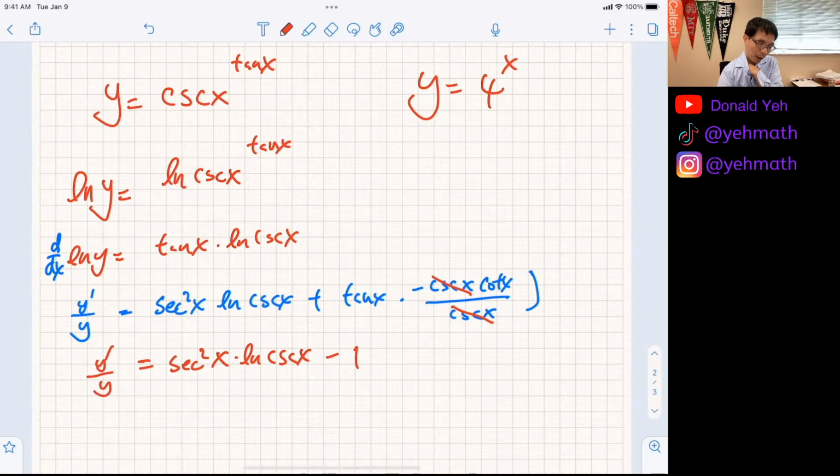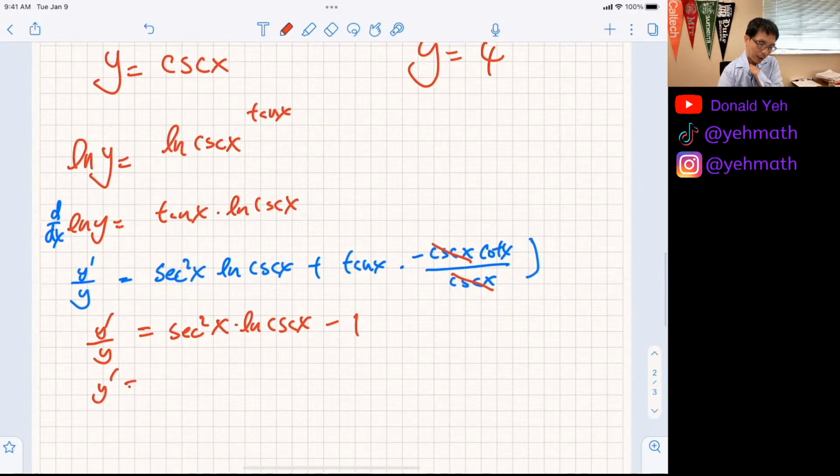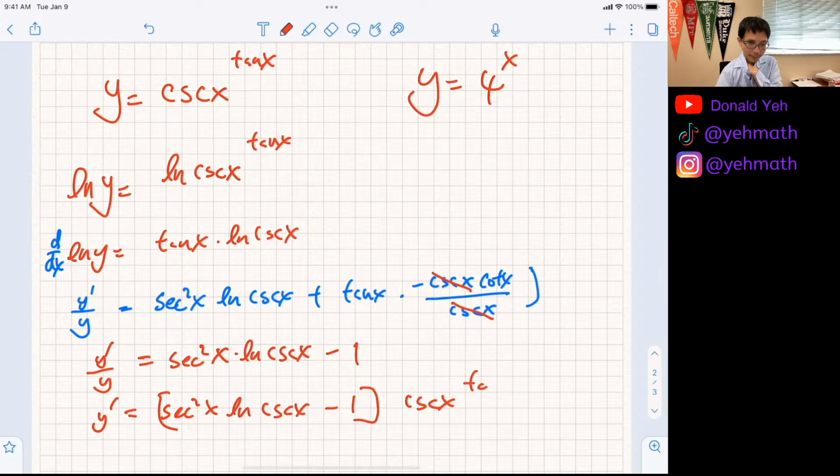And y prime over y. So y prime is equal to secant squared of x times natural log of cosecant of x, minus 1, times the cosecant of x to the tan of x.